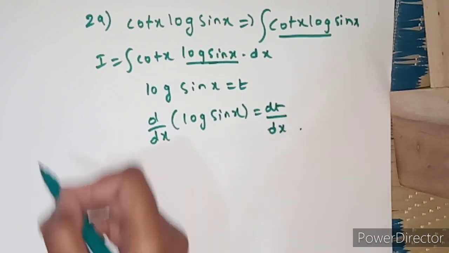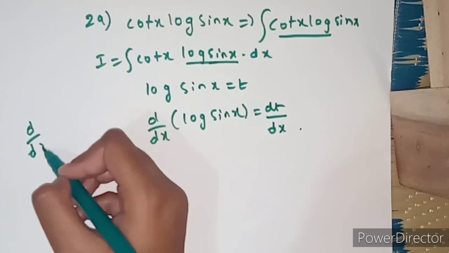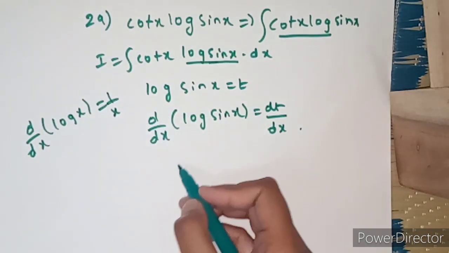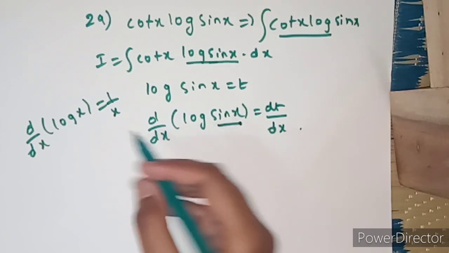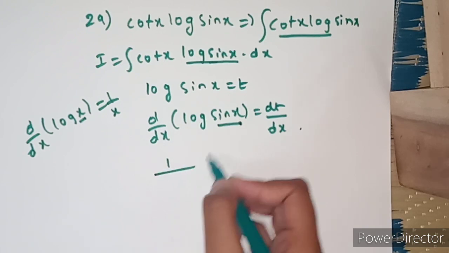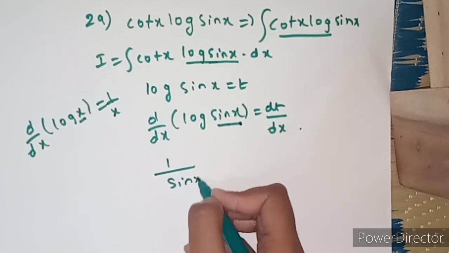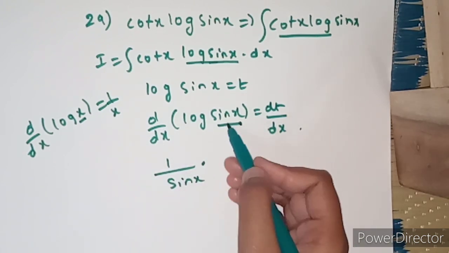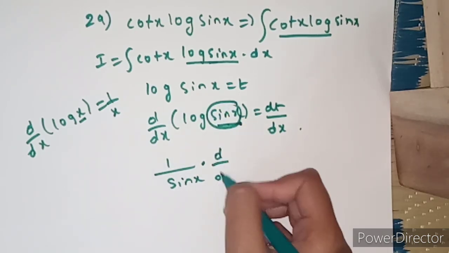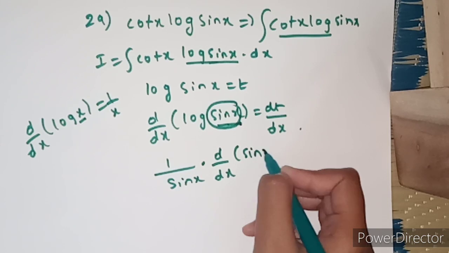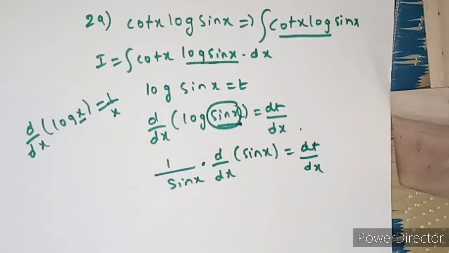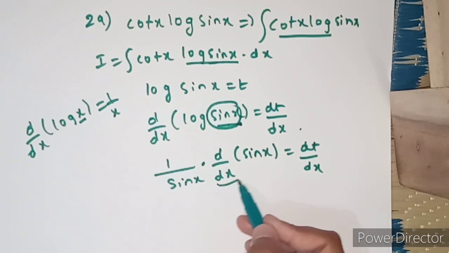Take the derivative, d by dx of log sin x is equal to dt upon dx. We know that d by dx of log x is 1 upon x. Here in place of x we have sin x, right? So the derivative we write like this, 1 upon sin x. Again take the derivative of sin x. Okay, chain rule. Why have we taken the derivative of sin x again?